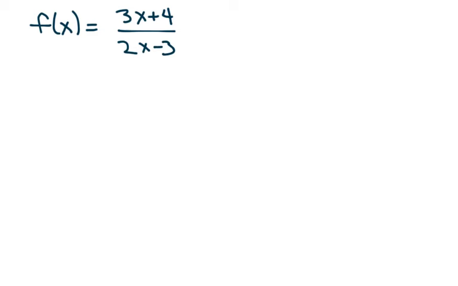So 65, we have f of x equals 3x plus 4 over 2x minus 3. Okay? Right away we know that the domain of f is x such that x cannot be 3/2.